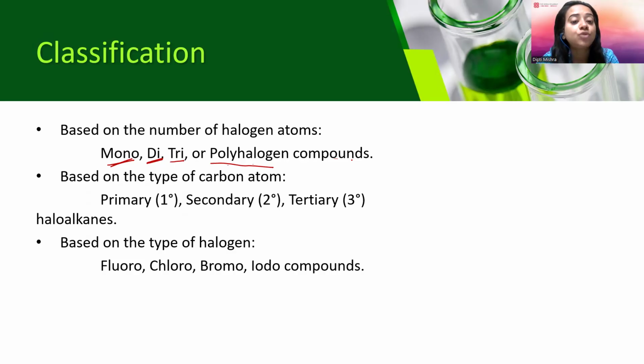Now, based on the types of carbon atom, first of all I want to tell you what primary, secondary, and tertiary are. For example, this is our normal alkane.